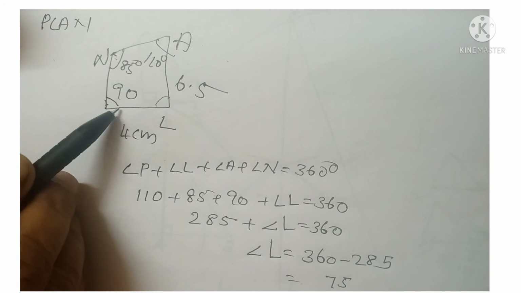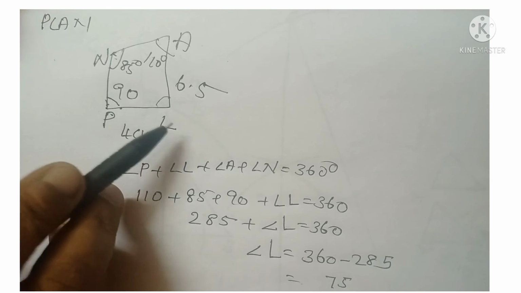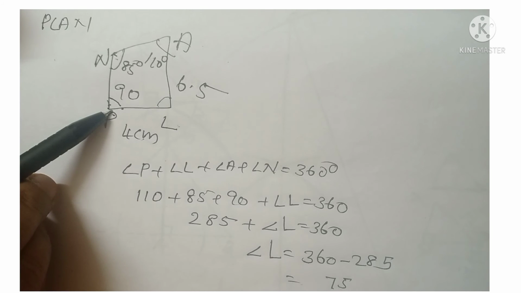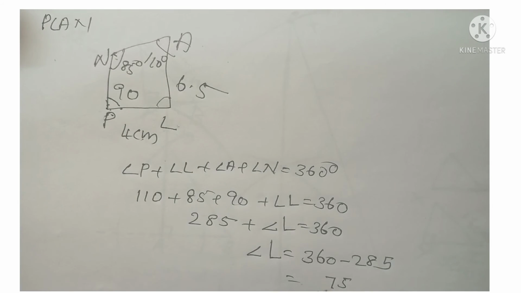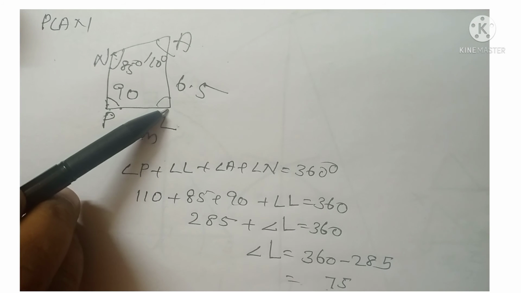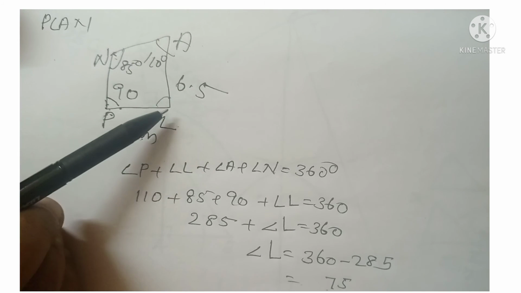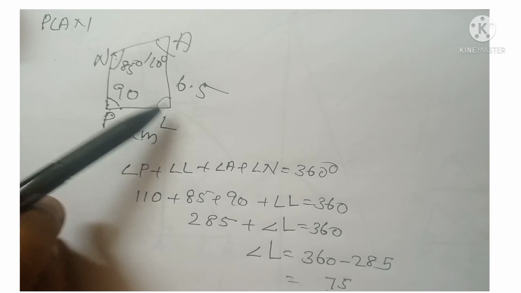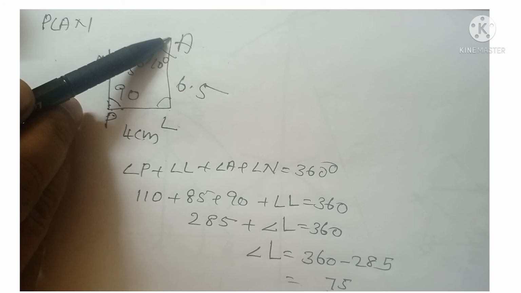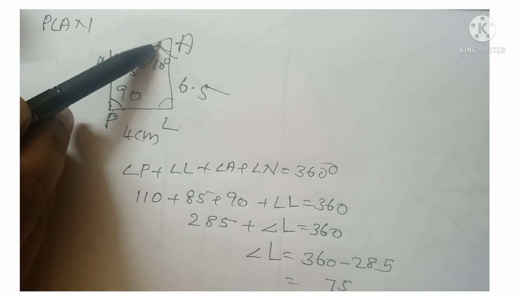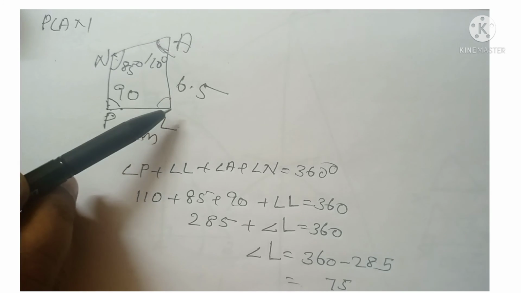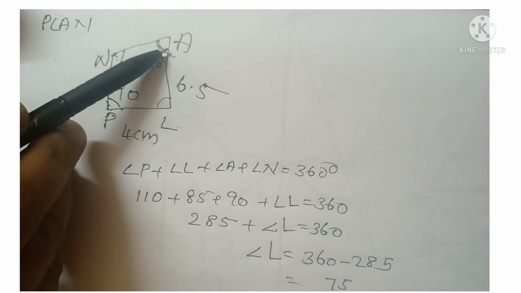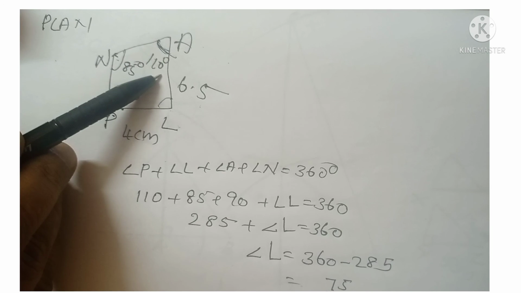Then, as in the previous case, first we want to draw the line segment PL with a measure of 4 centimeters. Then from P we want to take 90 degrees. From L we want to take 75. Then mark the point A such that A should be at a distance of 6.5 centimeters from L. And also from A we want to draw 110 degrees.